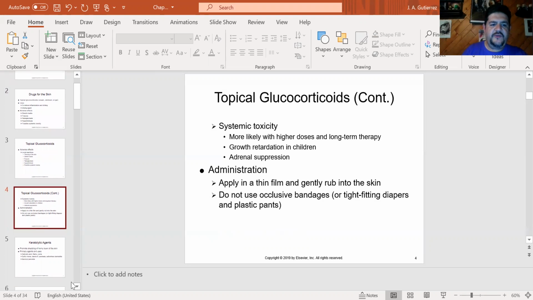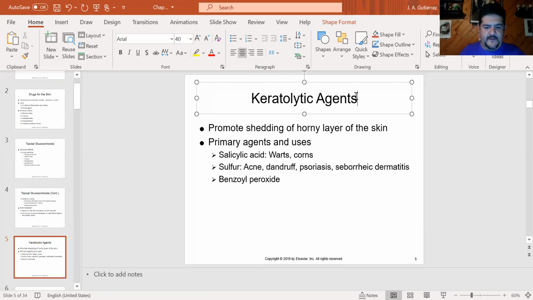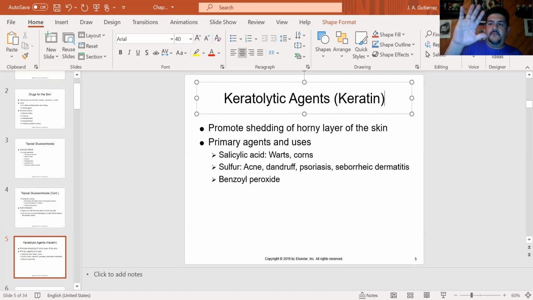Another drug class that we use a lot is the keratolytic agents. Keratolytic means the breakdown of keratin. And keratin is a protein that we're gonna find on the skin, especially where the skin is thicker, like the palms of the hands and soles of the feet.